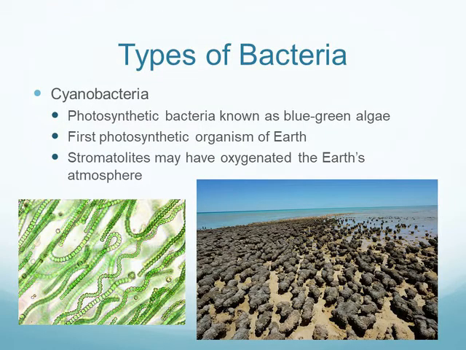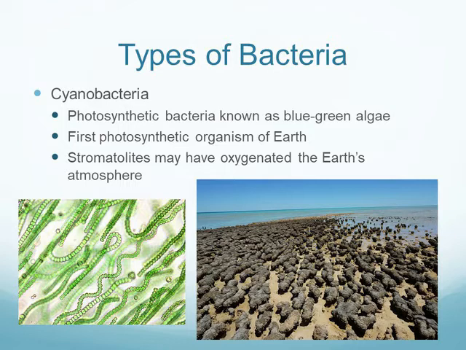All right. So another type of bacteria that you can see are known as cyanobacteria. Back when I was younger, I knew this category as blue-green algae. So they thought this type of bacteria was actually an algae, but in reality, they discovered that it was actually a bacteria, and it was just long chains of single-celled bacteria.